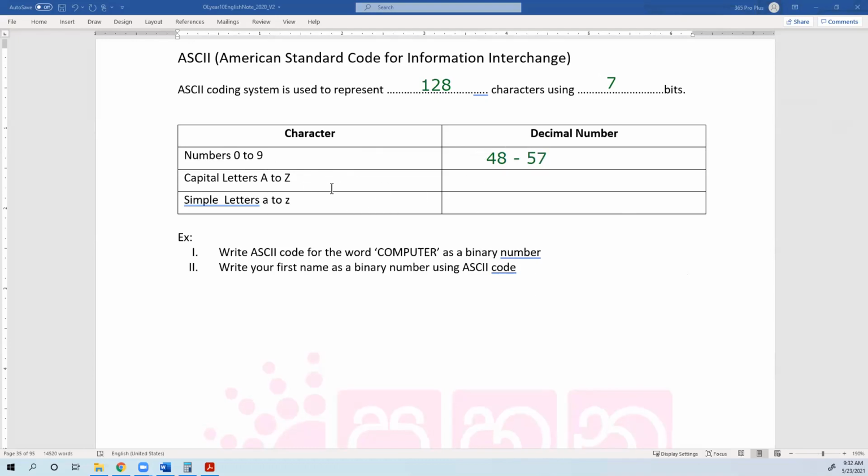Then capital letters: A starts with 65 and goes up to 90. Then we have simple a to z. Simple a starts with 97 and goes up to 122. So this is in decimal values.